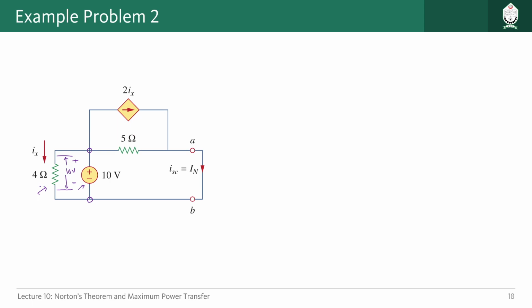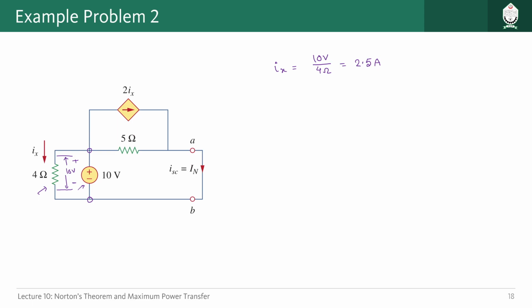So for this 4 ohm resistor, if I want to find out the value of current Ix, that should be the voltage across the two terminals of this resistor, which is 10 volt, divided by the value of the resistor. Then we can get the value of current, which is 2.5 ampere.